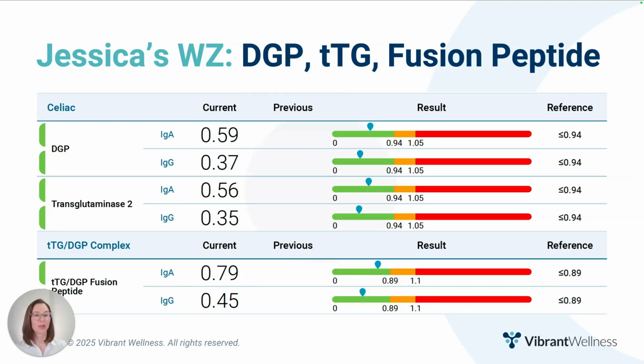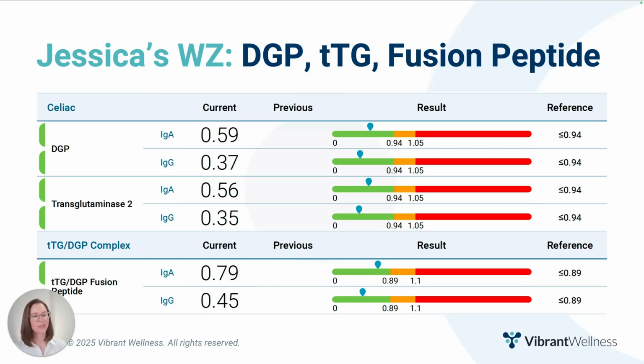Vibrant's WheatZoomer also includes 2 traditional biomarkers for celiac disease, which are tissue transglutaminase, TTG, and deamidated gliadin peptide, DGP. Thankfully, there is no indication that Jessica has celiac disease, nor any indication she's on the way to developing celiac disease. How can I know the latter?